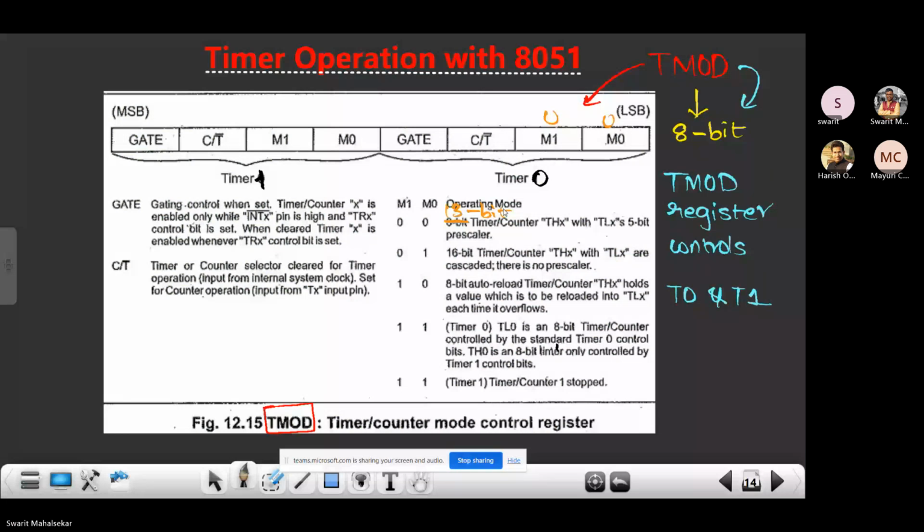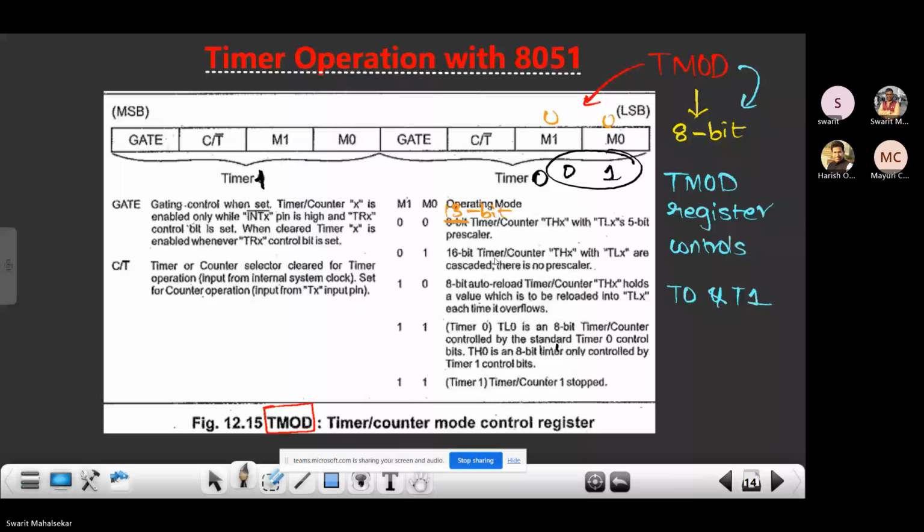On the contrary, if I select mode 1, that is 0 1, giving these bits to M0 and M1, then we can go with 16-bit timer counter operation.